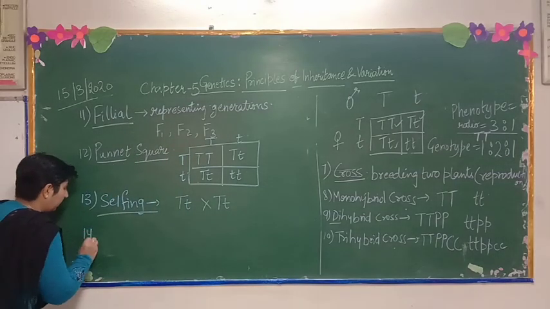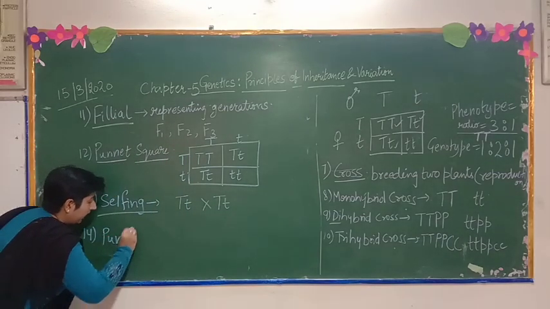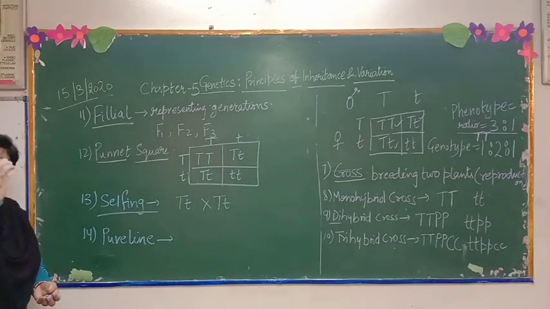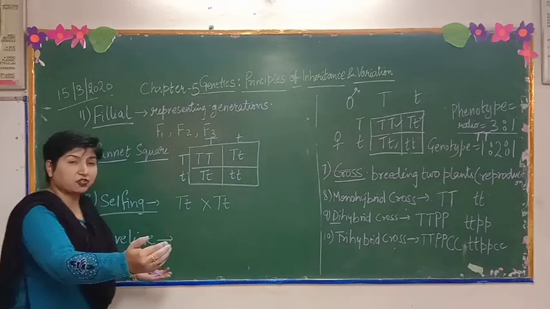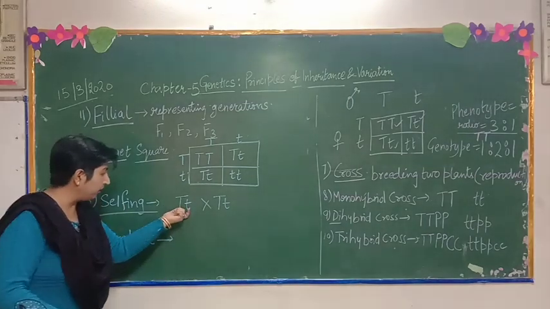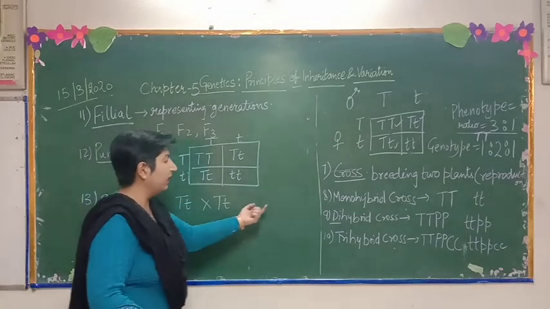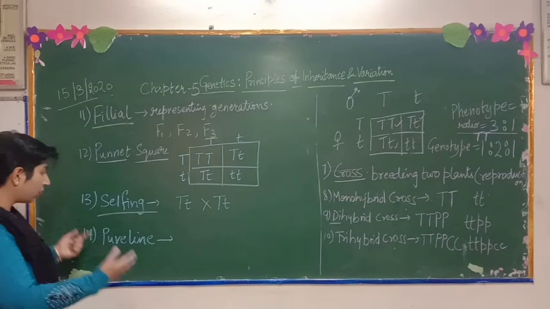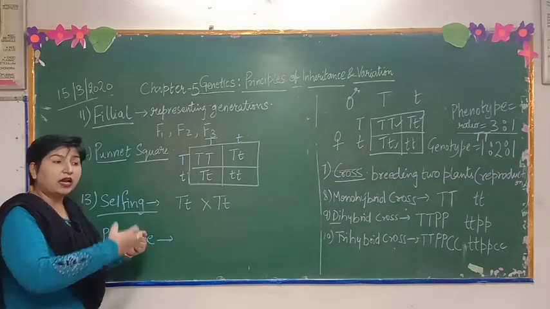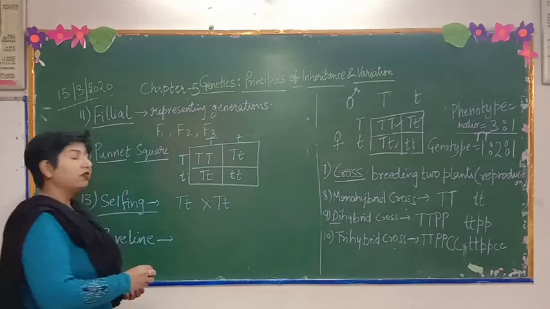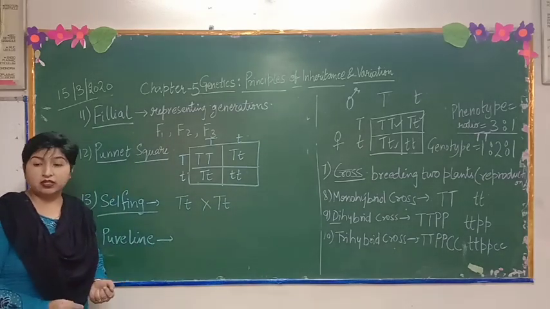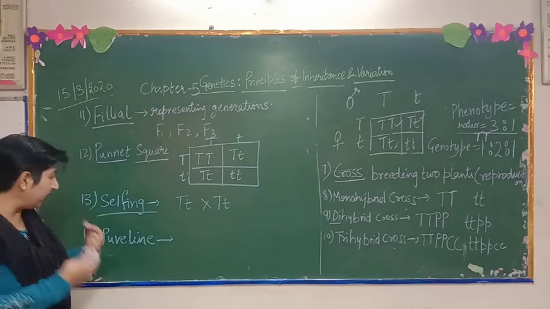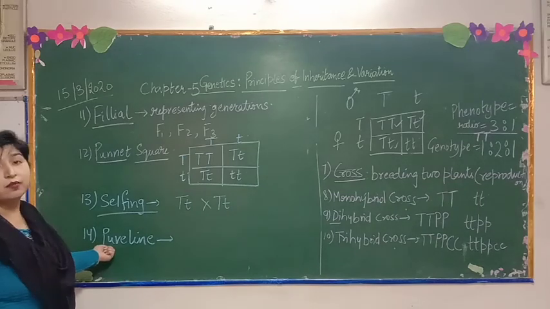Next one is called pure line. To get the similar type of characters generation after generation, when we cross them similarly again and again, that is called pure line. To get a pure line character, Mendel crossed the same characters again and again for at least 5 generations. A particular genotype crossed for a minimum of 5 generations is called pure line.